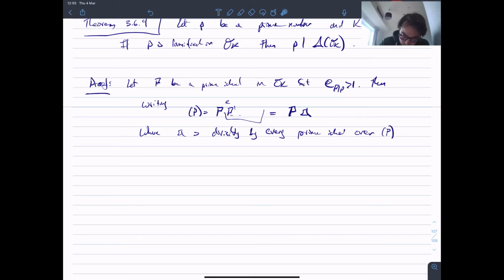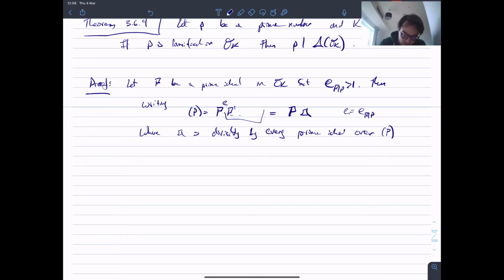So I'm going to just write my factorization like this. This is going to be divisible again by P because I'm assuming that my prime is ramified, so this shows up to exponent at least 2. So this E here is at least 2. That's bad. Just put E. I will call E. It's just E. Like this.